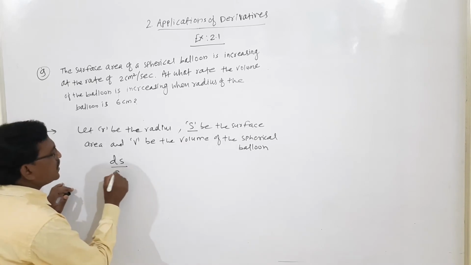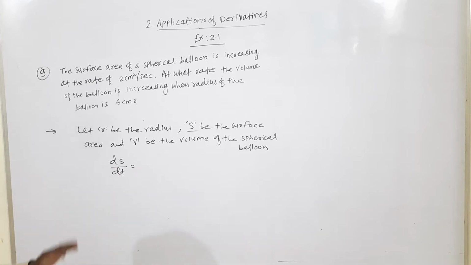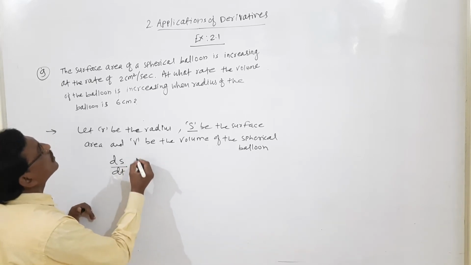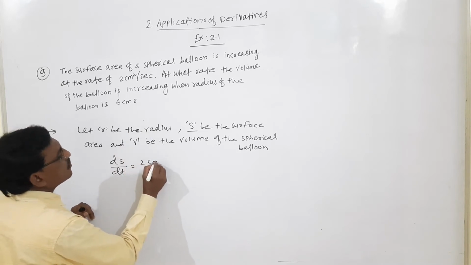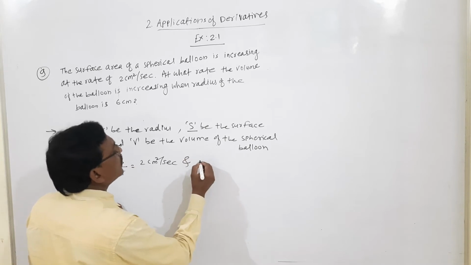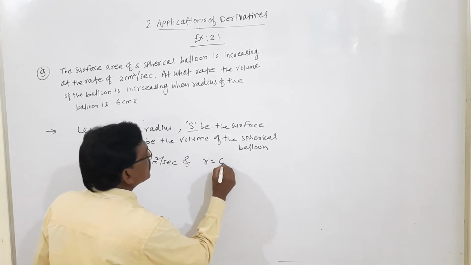The rate of the surface area of this balloon is 2 centimeter square per second. And also we are given the radius of this balloon is 6 centimeter, r is 6 centimeter.